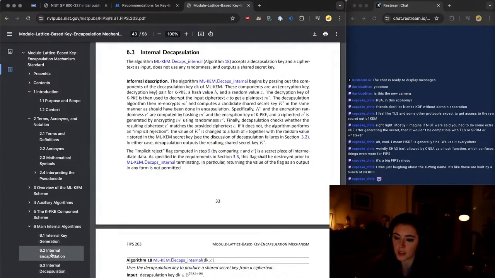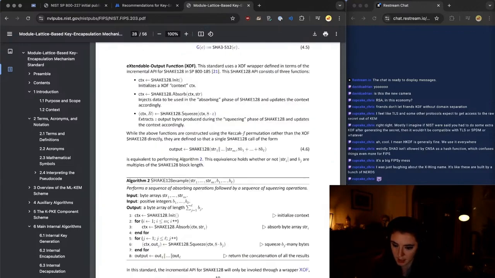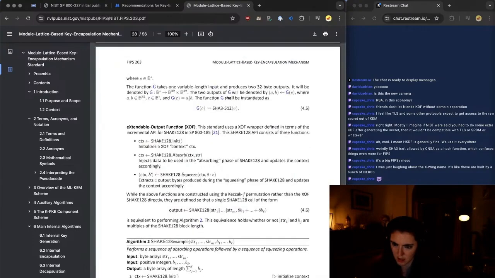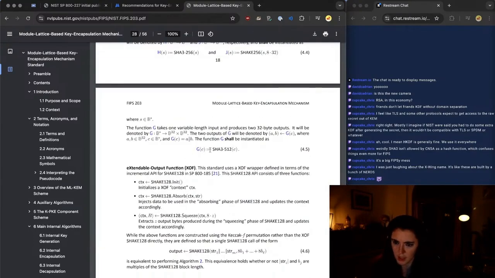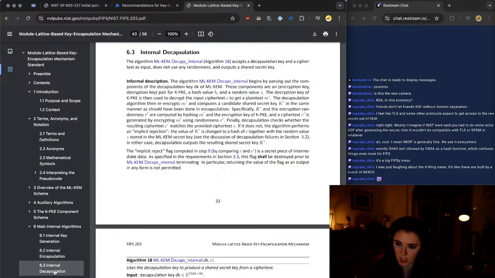So if you do it in here, I think it's G or J? So G is SHA-3 512, J is SHAKE256, and H is SHA-3 256. Oh, SHA-3 512, that's funny. I forgot about that.